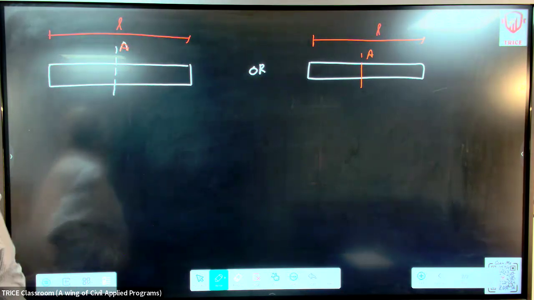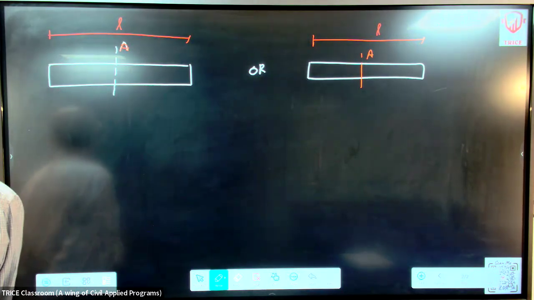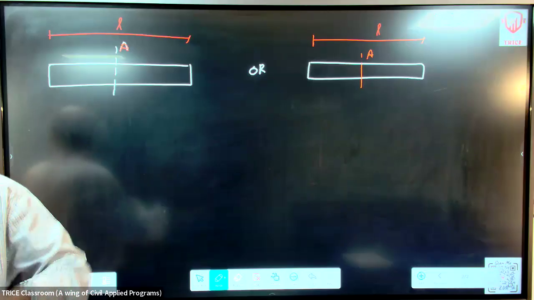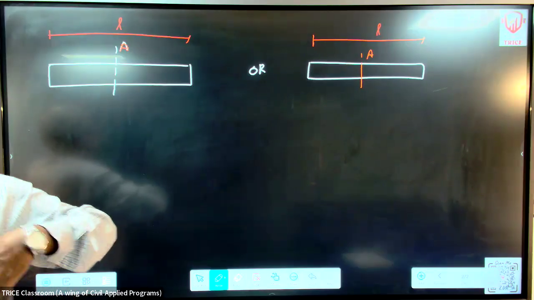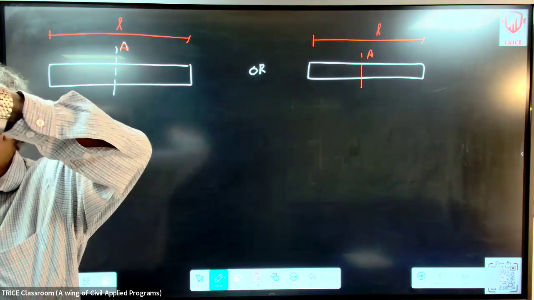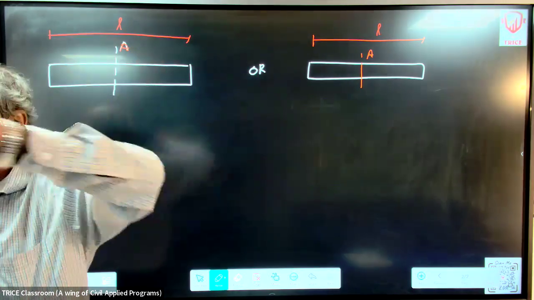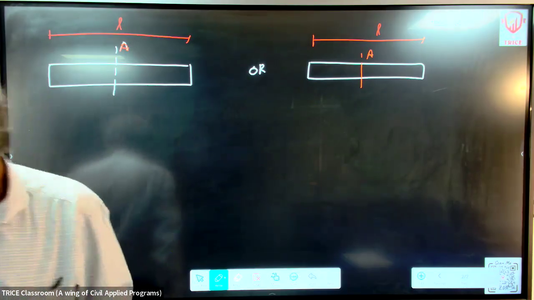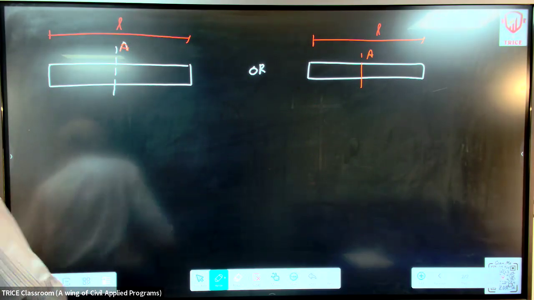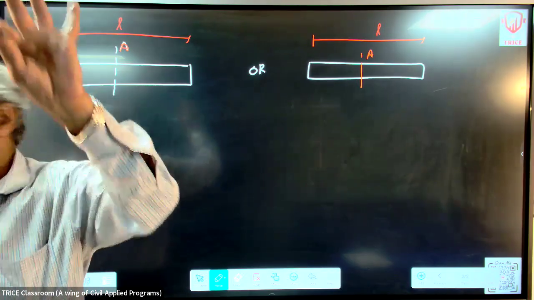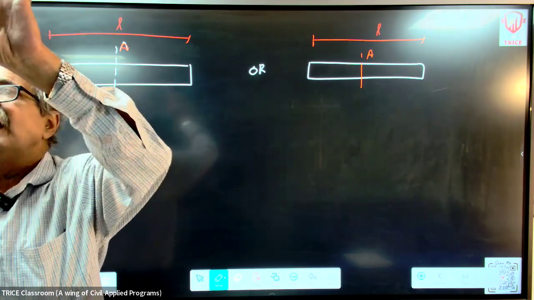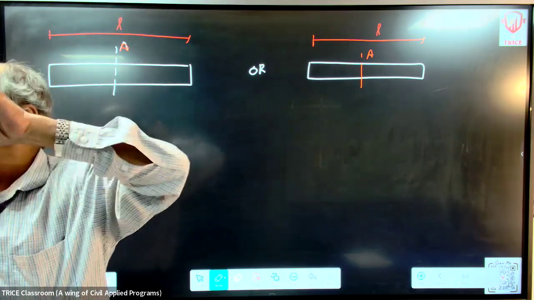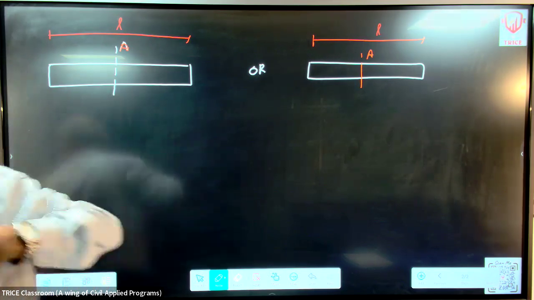Now, subjected to axial force. Axial force means you have to apply from both sides, in opposite direction. If you take any object, for example a pen, hold it in the hands and pull outwards, it is called tension. Or push inwards, it is called compression.